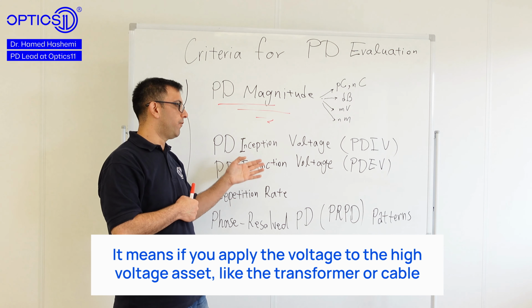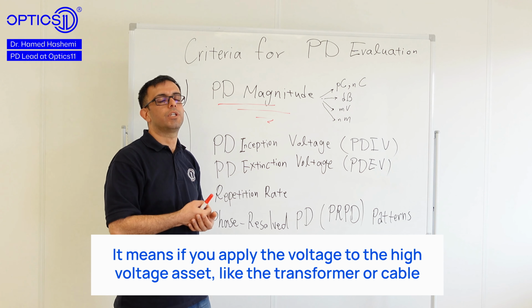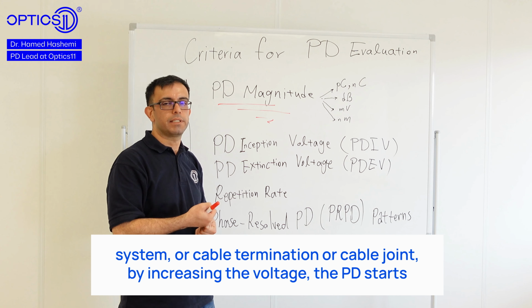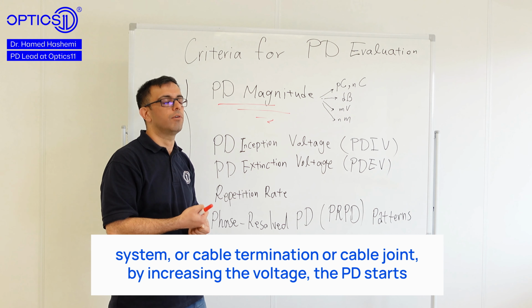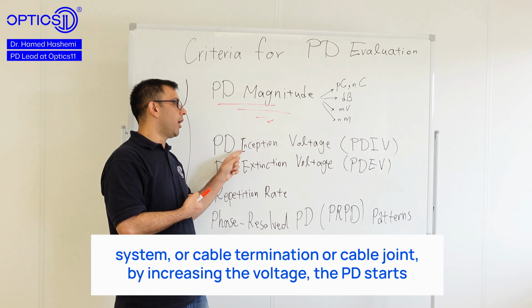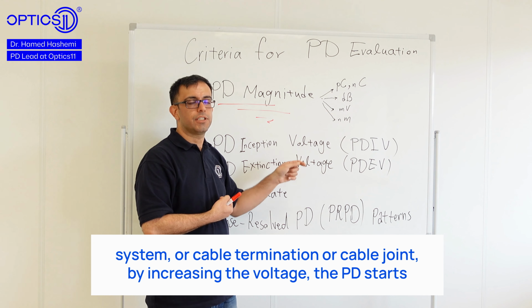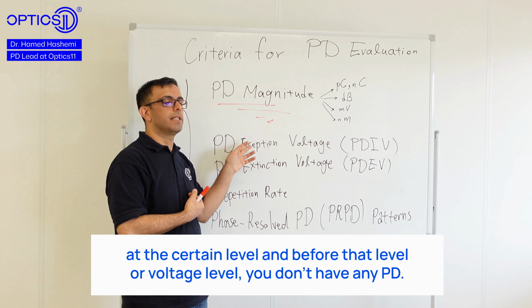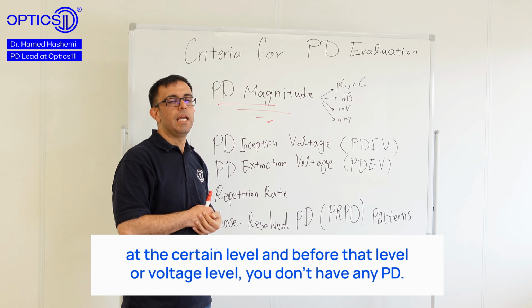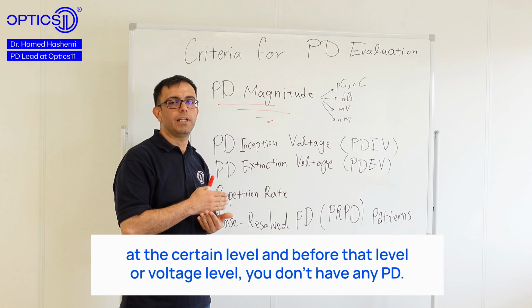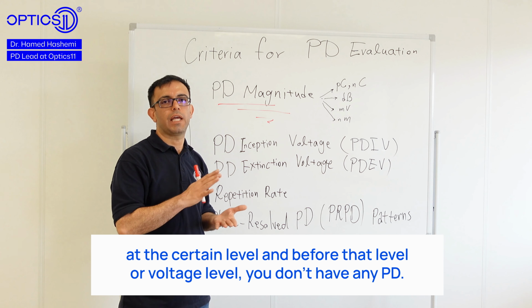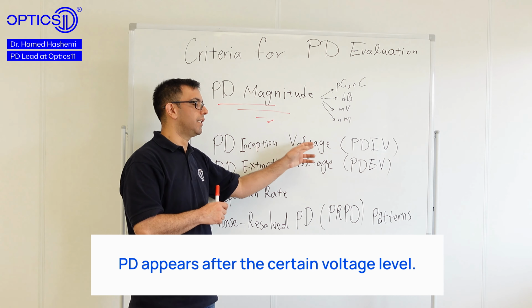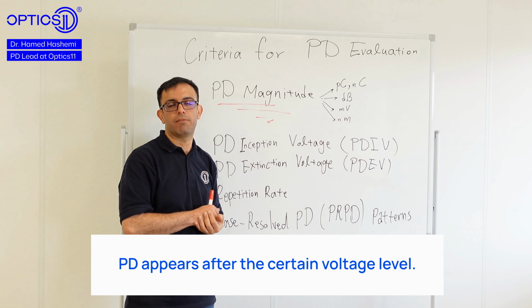It means if you apply voltage to the high voltage asset like the transformer or cable system or cable termination or cable joint, by increasing the voltage, the PD starts at a certain level. Before that voltage level, you don't have any PD. PD appears after the certain voltage level.